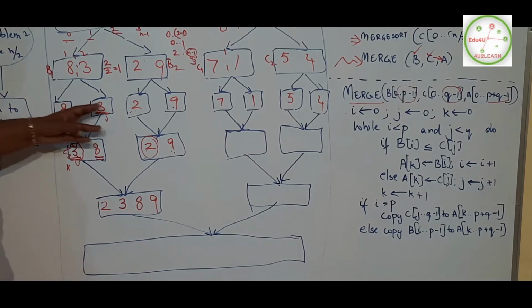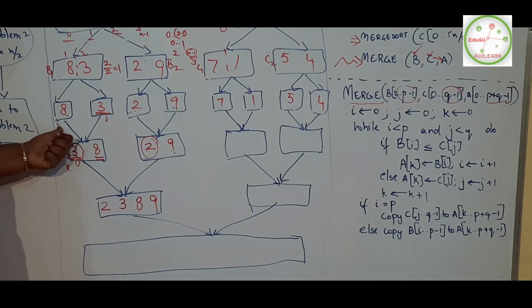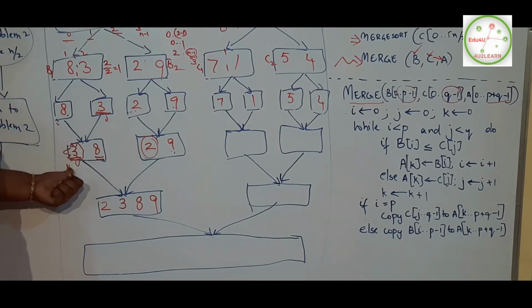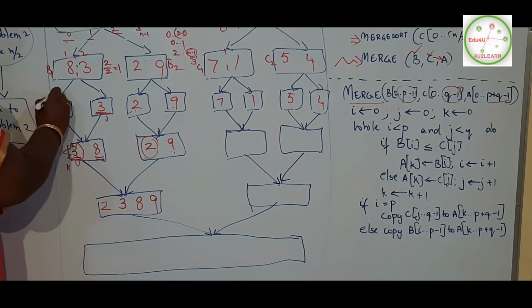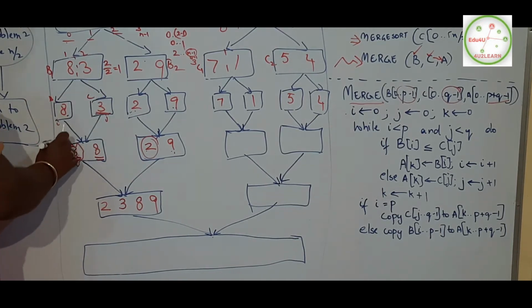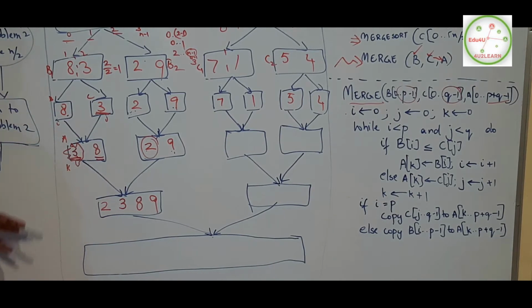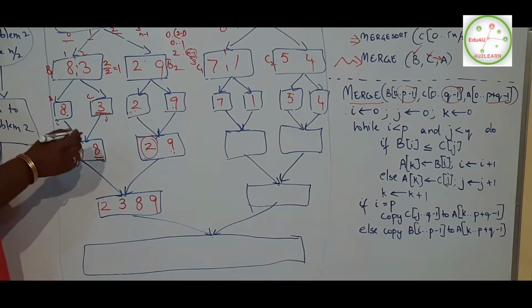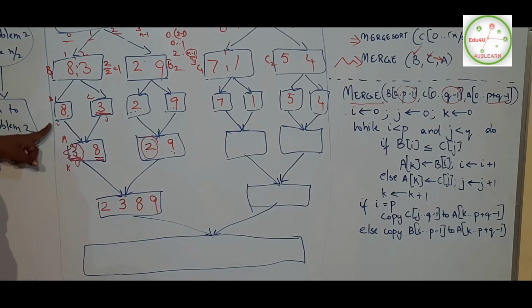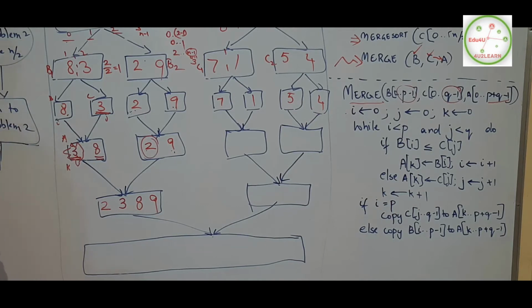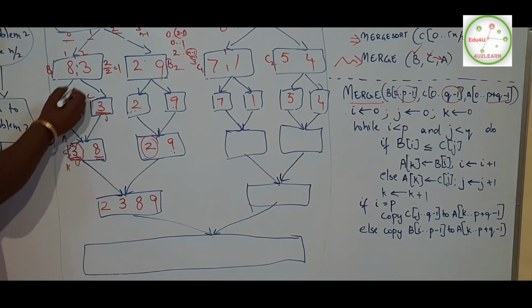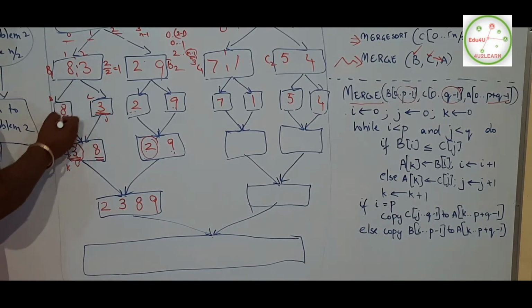So when we do the operation with these three, it's going to be i, j and k. This will be represented by B, C, and this is going to be our A. So what is going to happen is, we check whether this i is less than this p, that is, we find out what is the size of it.